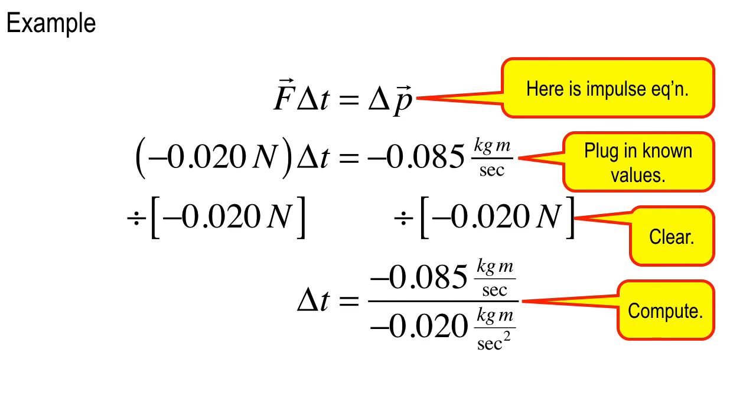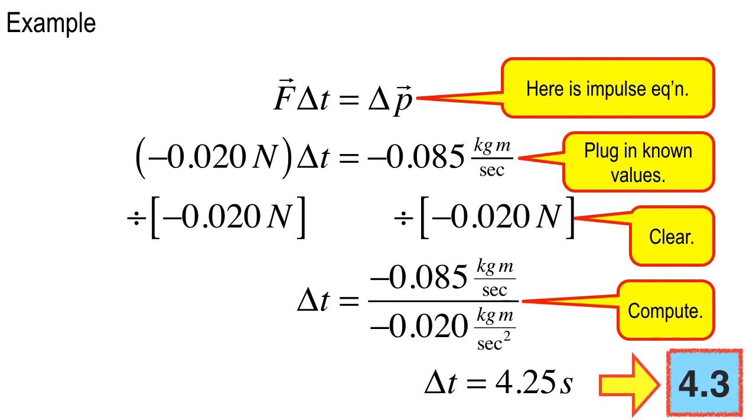Multiplying kilogram meters per second in the numerator times seconds squared per kilogram meter, you just get seconds. Numerically, you get 4.25. And if I've asked you to give me the stopping time to the nearest tenth of a second, it's 4.3.